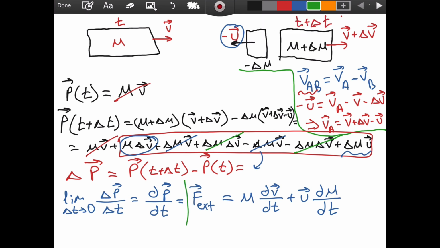And my friends, this is the rocket equation. This is the general rocket equation, and in my next video I plan to solve this equation where F external is equal to 0, so where there is no external force applied from outside. And when we solve that equation, we will get interesting results.